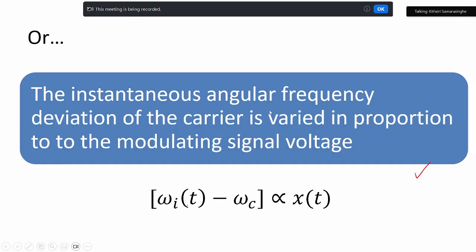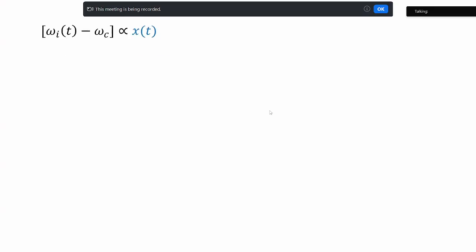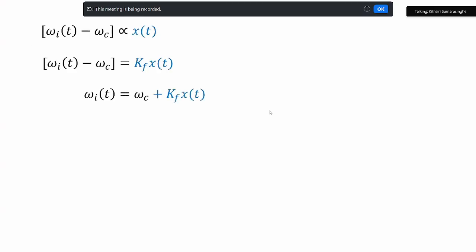Okay, so this definition I'm going to use. Omega i minus omega c is proportional to x(t). Let us introduce a proportionality constant here as kf now, f for frequency modulation, right? Like this. Introduce kf so that omega i can be written as kf times x(t).